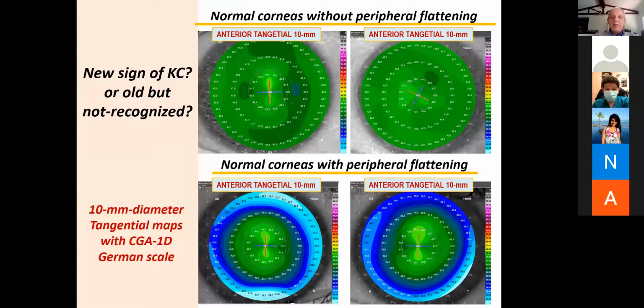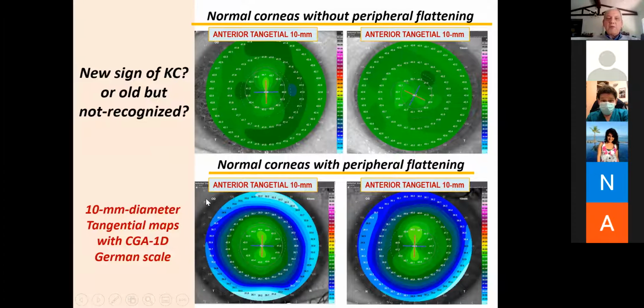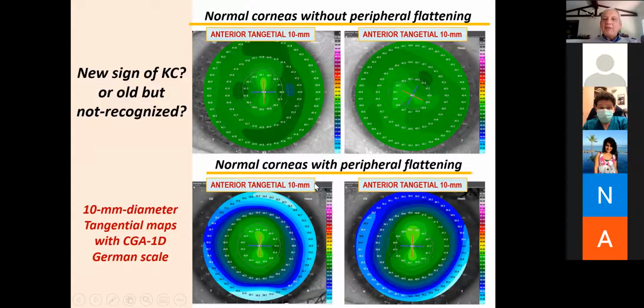Curvature maps presently use the tangential or instantaneous map in 10 millimeters, with a scale called CGA 1 diopter German, which has more steps. We began to discover that the cornea may be not only steeper and protruded with a lump in the center, but it can also be stretched and flattened in the periphery.